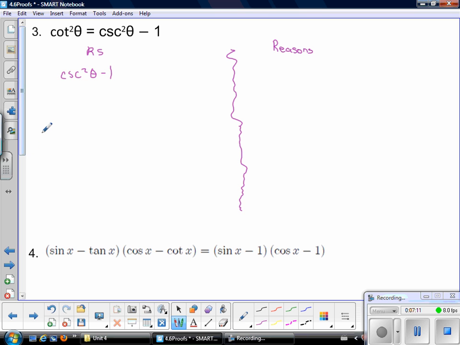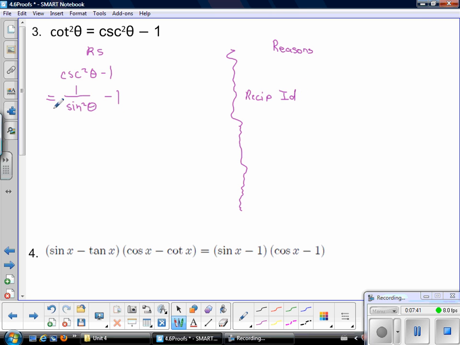The first thing that I see is I'm going to change cosecant squared theta to 1 over sine squared theta. So I am actually going to do a substitution. What I did is the reciprocal identity.